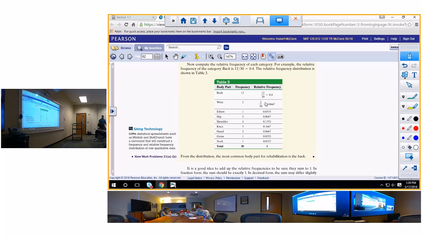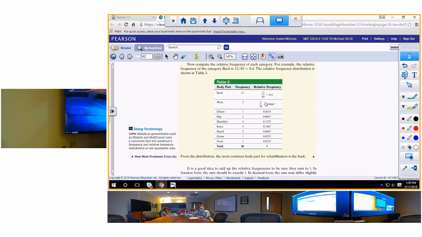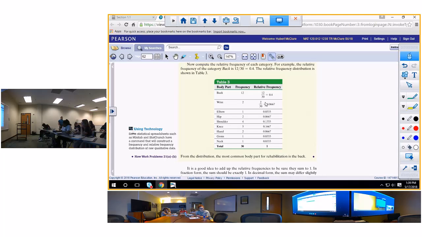So how many back problems? There's 12 people with back problems. There's 2 people with wrist problems. In other words, get that word frequency out of your mind because frequency is just a 25-cent word for count.